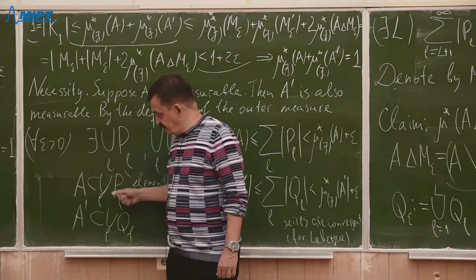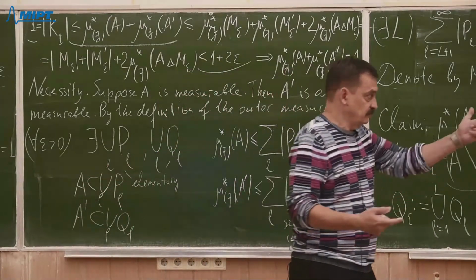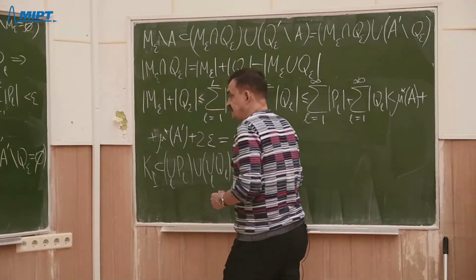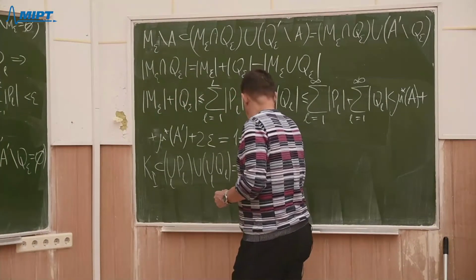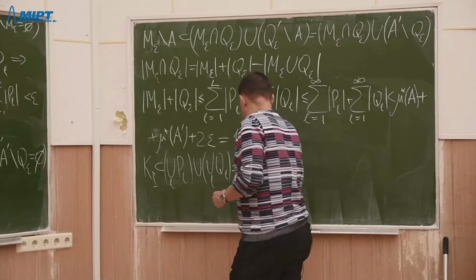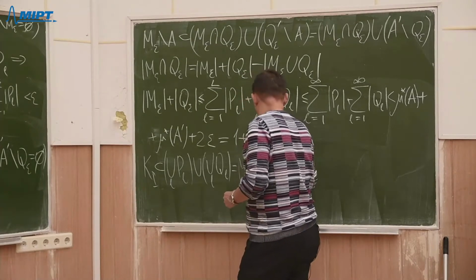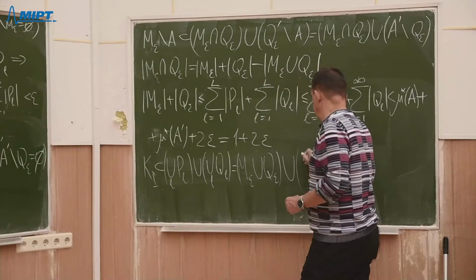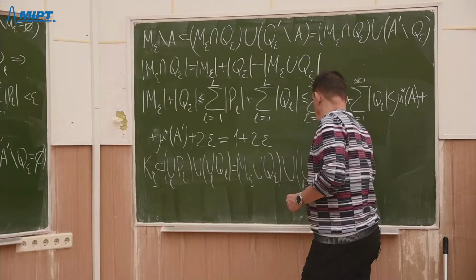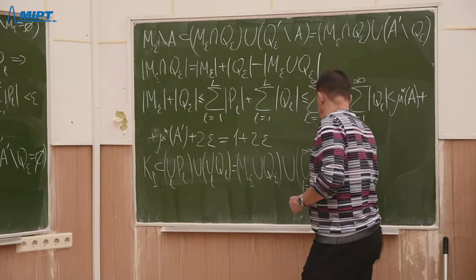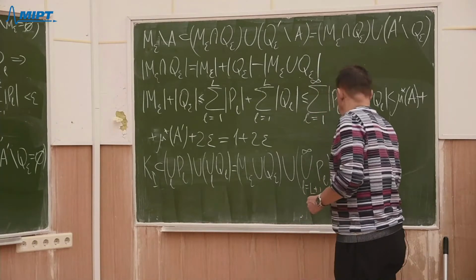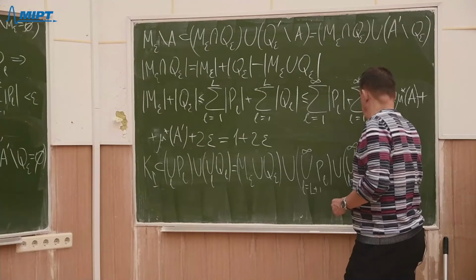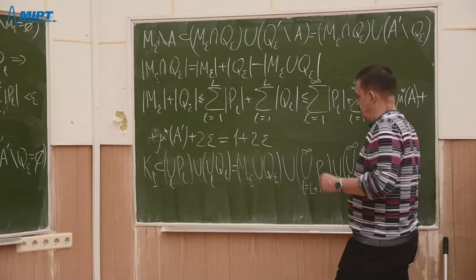So altogether they cover the union, so they cover Ki. And that can be represented as M epsilon together with Q epsilon, and then the union of L plus 1 up to infinity, and the union of that one.